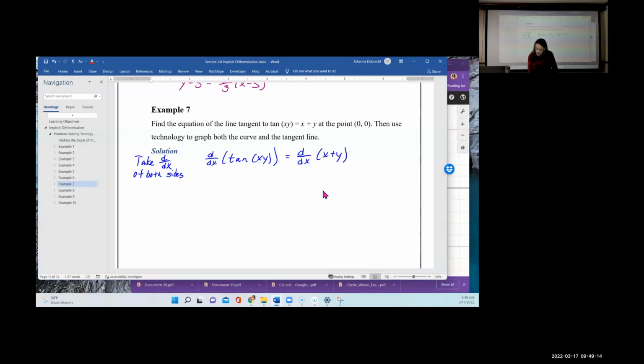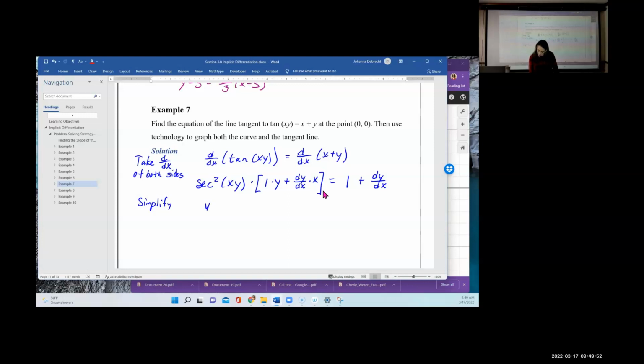So if I take this, I would get the derivative of tangent is secant squared. So I get secant squared, freeze the inside, times derivative of the inside is product rule. So I get derivative of x, which is 1 times y, plus the derivative of y, which is dy dx, times the first, which is x, equal to the derivative of x is 1, and the derivative of y is dy dx. Then we simplify.